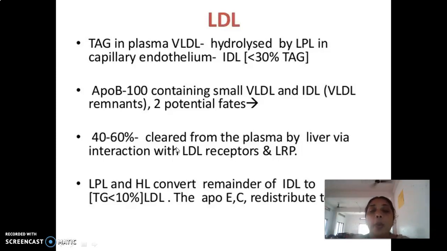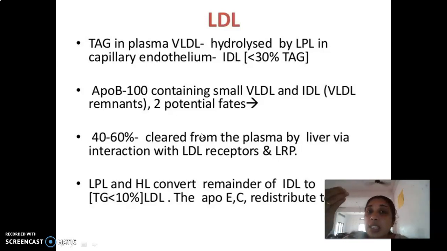ApoB100 is the only apoprotein present on the surface of the LDL molecule. With the help of this ApoB100, the LDL molecule gets attached onto the peripheral tissues. And once this ligand receptor complex is formed, the molecule will be endocytosed into the peripheral tissue cell.